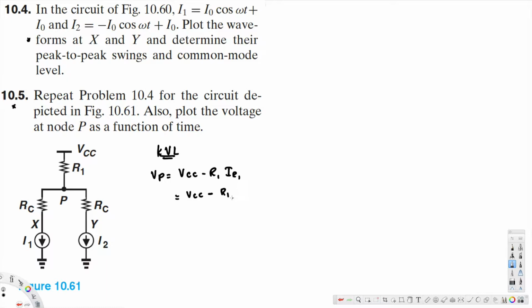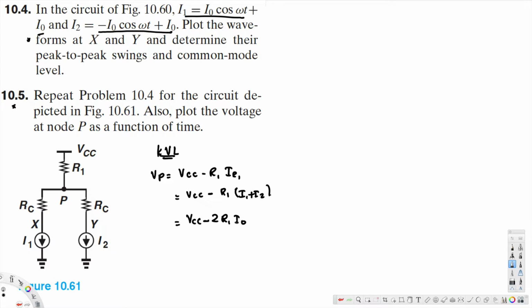So instead of IR1, we can replace it with I1 plus I2. We know that I1 is I naught cos omega t plus I naught, and I2 is negative I naught cos omega t plus I naught. If we add them together, I naught cos omega t and negative I naught cos omega t cancel each other. So we will get 2 I naught, and we have R1 remaining. So this is going to be just VCC minus 2 R1 I naught.